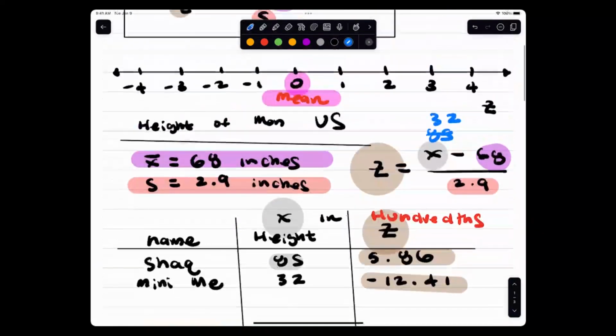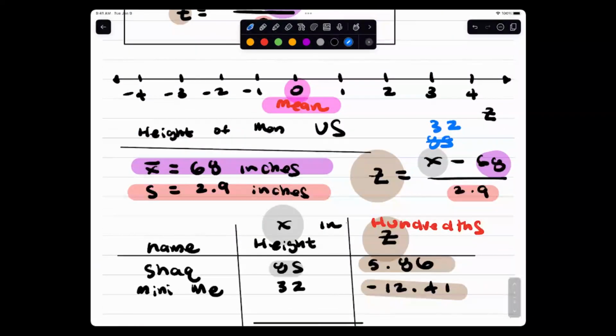But here's the deal. If I said to you, and I can't even draw it because it's off my iPad. What's so special about 0 as a z-score? 0 represents the mean as a z-value. So if you go to the right or the left, it doesn't matter.